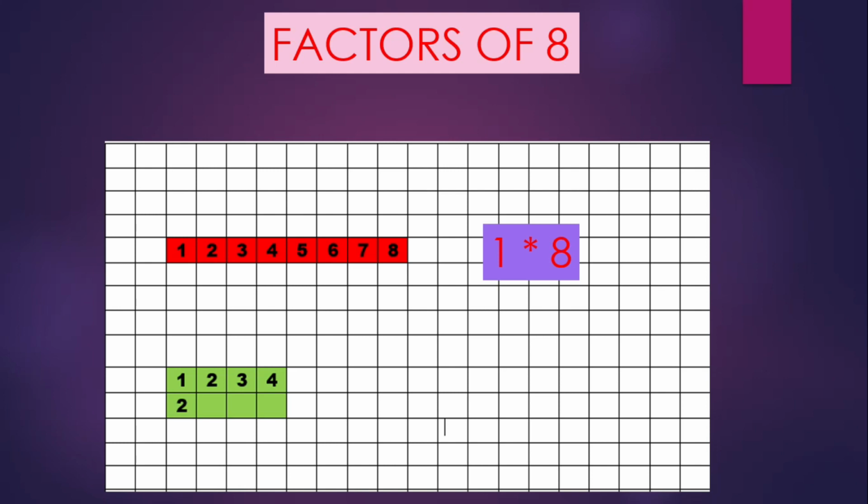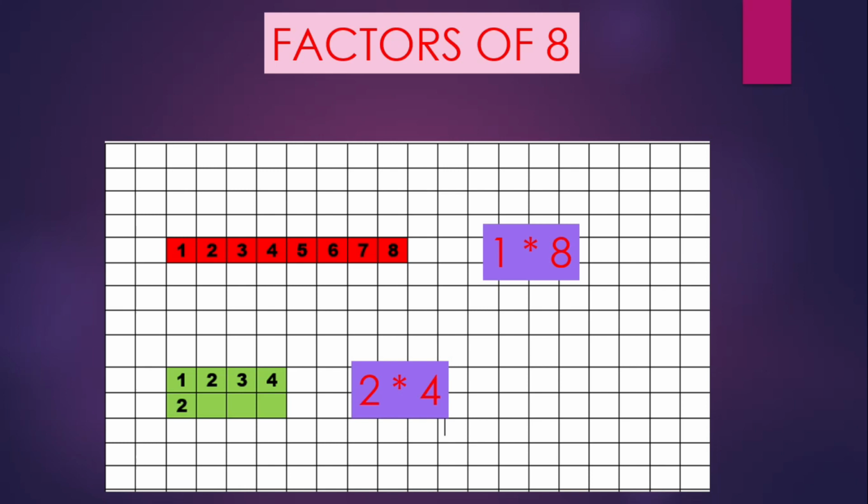And the second representation is 2 4s are 8. As you can see here, the first number is written 1, 2 vertically and 4. The second number is written in the horizontal line 1, 2, 3 and 4. So these are the two rectangular representations of the factors of 8.